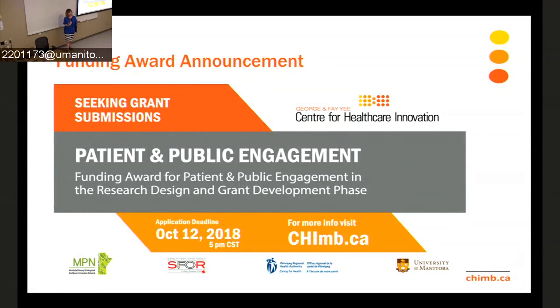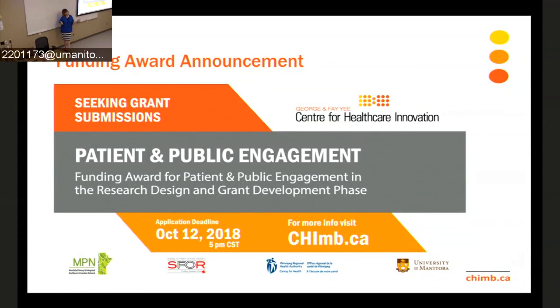What we kept hearing from both researchers and patient partners across Manitoba was that engaging patient partners at the research priority setting, the research design, and the grant development phases was really difficult because they didn't have any resources to compensate patient partners. They didn't have any kind of in-kind supports as well.